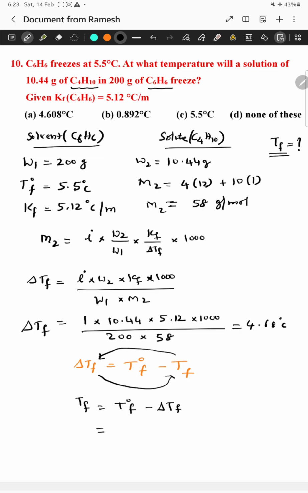T0f, the freezing point of solvent, is 5.5, minus delta Tf, which we got as 4.68. If you subtract, you will get the freezing point of solution as 0.82 degrees Celsius. This is approximately option B. So for the 10th question, the second option is the correct answer.